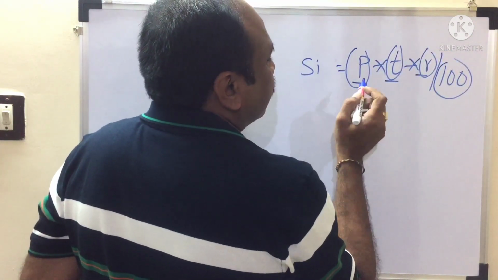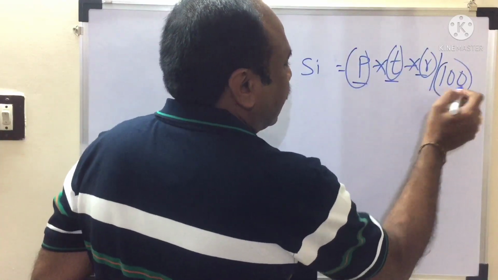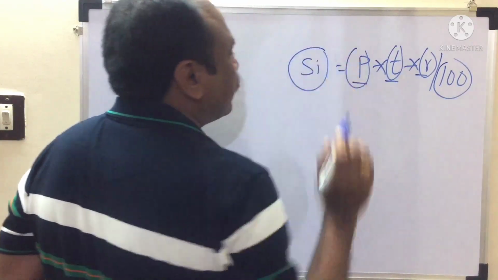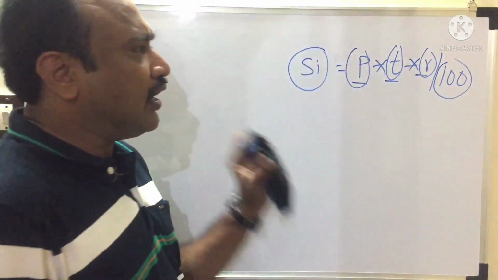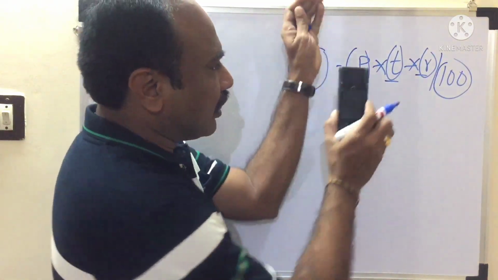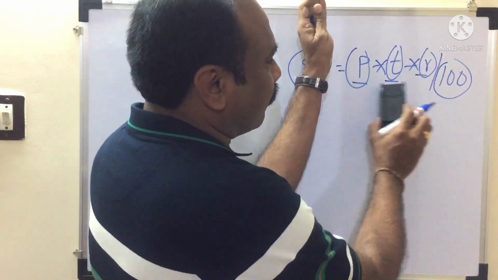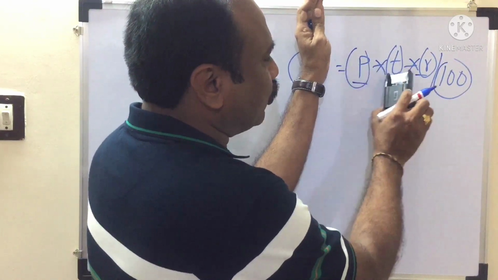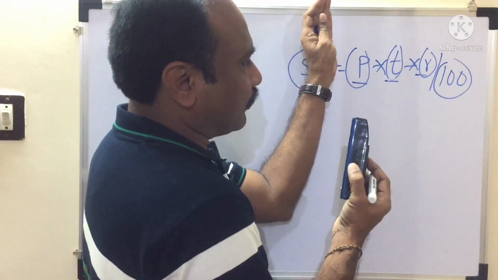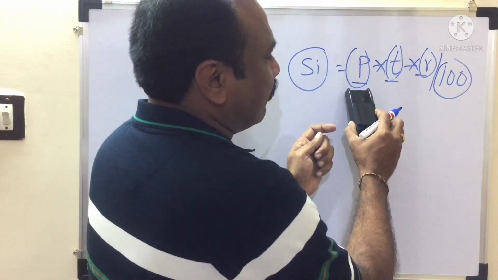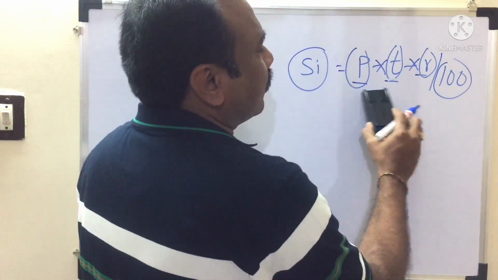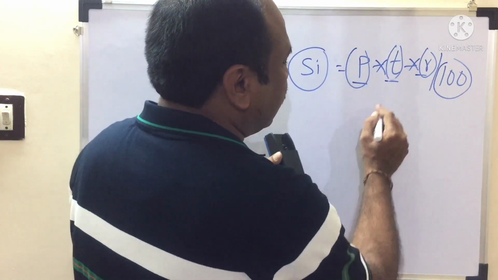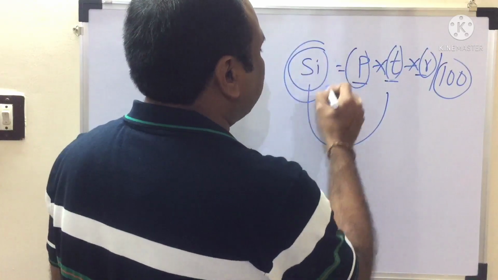It will calculate PTR by 100 and the result is stored under SI. Whatever values we are using, we have to take them as input, and it will evaluate the result and finally store it under the variable we are using here.